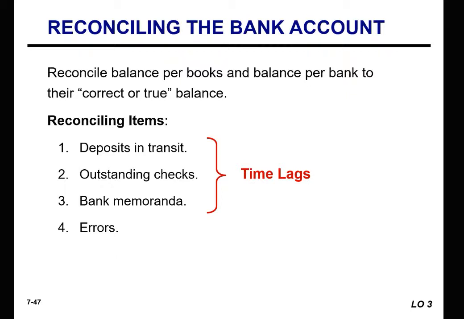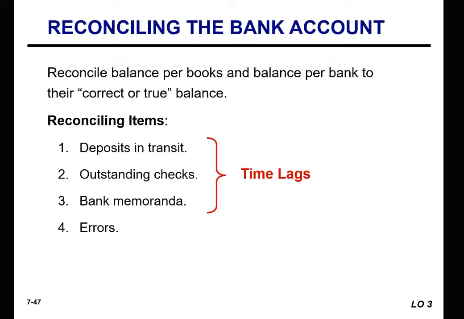Days may elapse between the time a check is written and dated and the date it is paid by the bank. A day may pass between the time receipts are recorded by the company and the time they are recorded by the bank. And a time lag may occur when the bank mails a debit or a credit memo to the company, and the company records it.